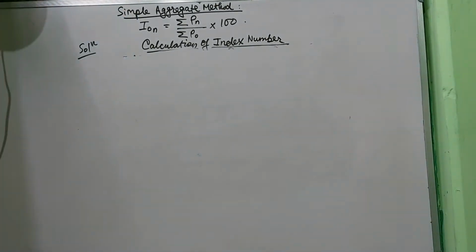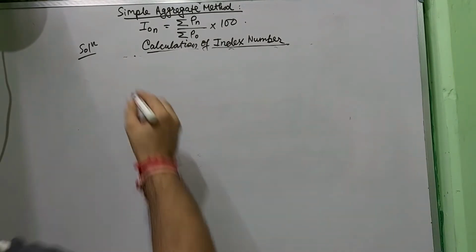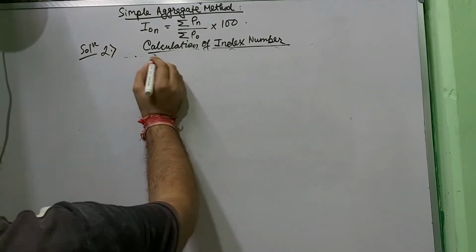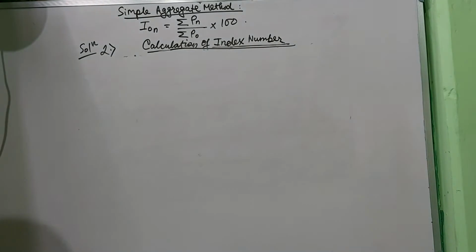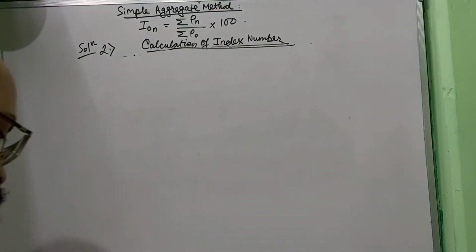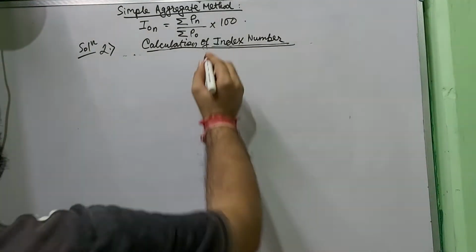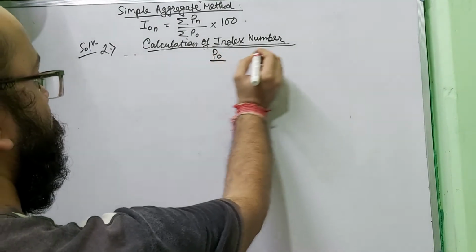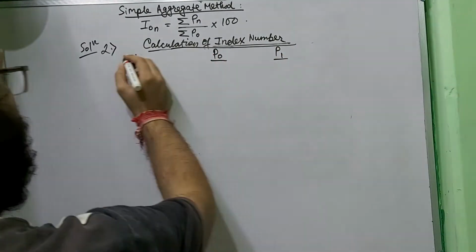This is sum number 2, construction of price index number. P0 is given, P1 you have to calculate.